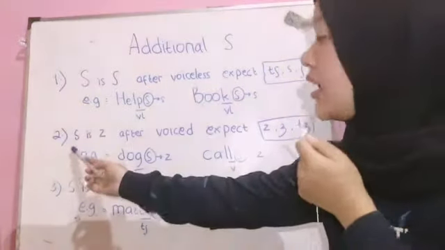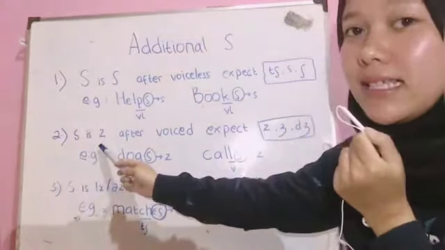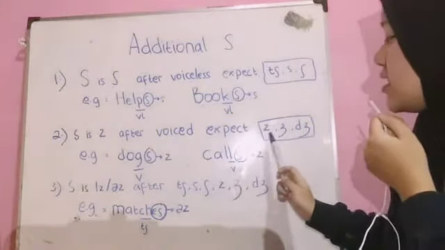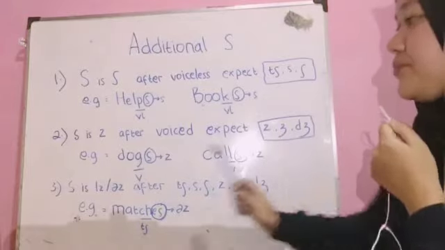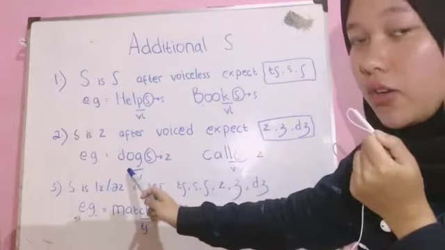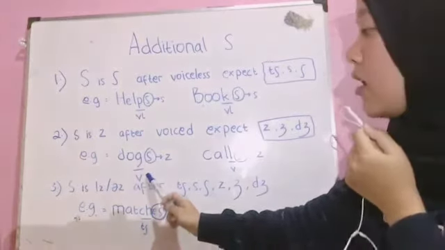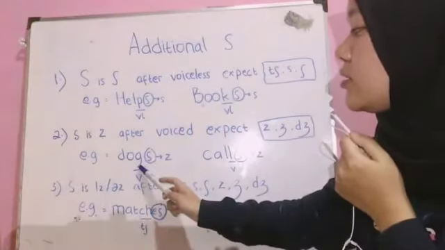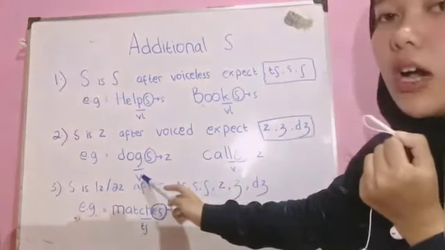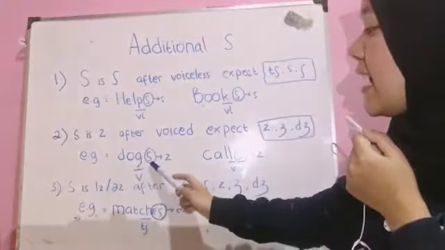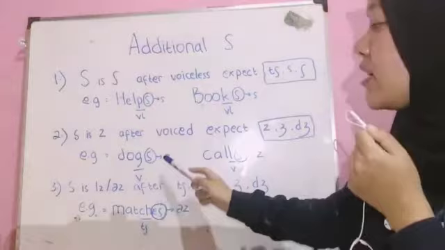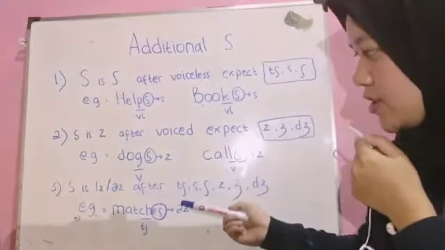And number two is s as z after voiced, except z, j, j. For example, dogs. Because g in here is voiced, and then s is z, and we can read dogs.